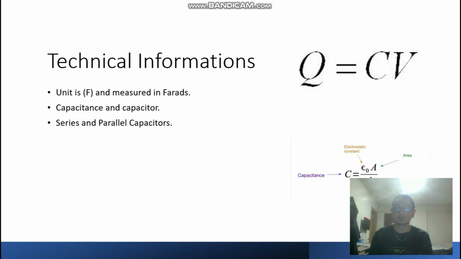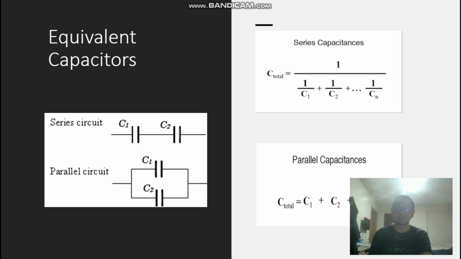And now series and parallel circuits, and equivalent capacitance. First of all, what is series, and what is parallel? As you can see in the picture, if they come one after another on the same line, it means they are in series to each other.